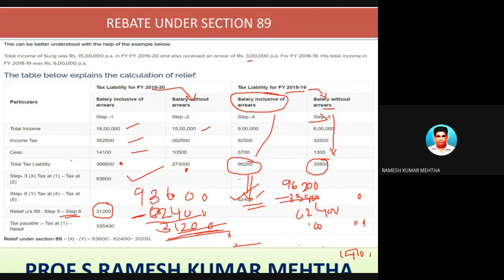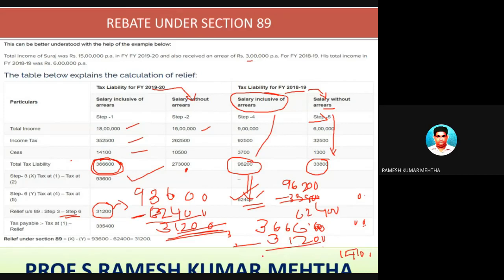Now how much tax was supposed to be paid? This current year you are supposed to pay 3,66,600. But how much is the tax relief you got from the calculations we have just made? 31,200.